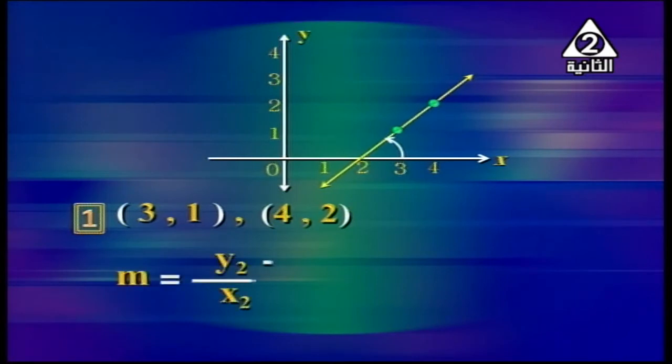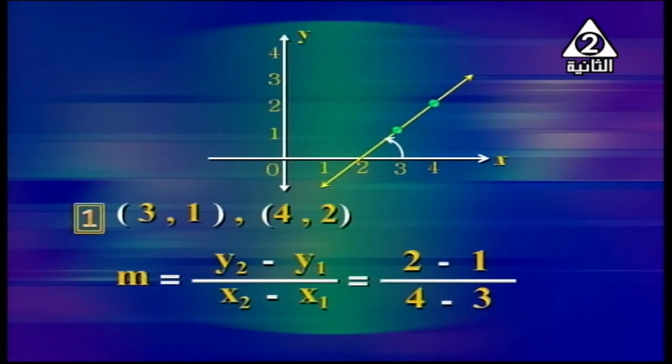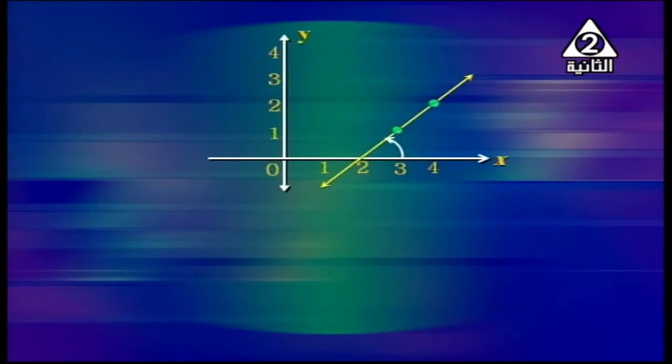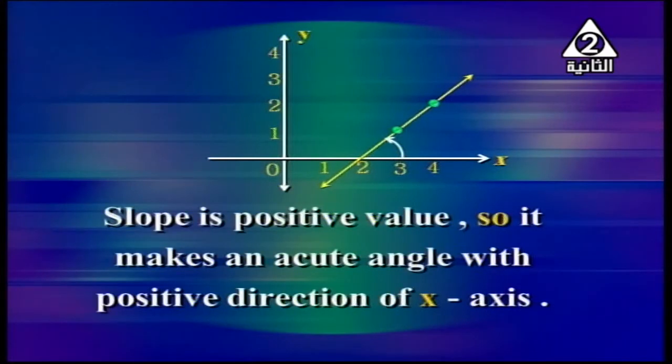It is y2 minus y1 over x2 minus x1. Then it is 2 minus 1 over 4 minus 3 to obtain a result as 1. Now you are going to notice that the slope is a positive value, so it makes an acute angle with the positive direction of the x-axis.